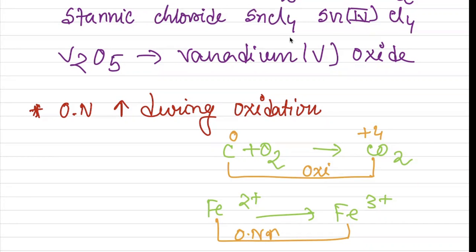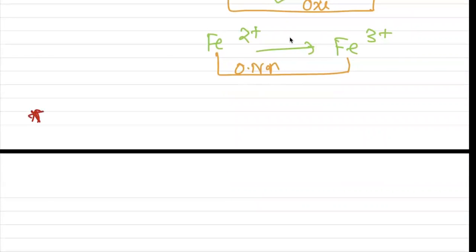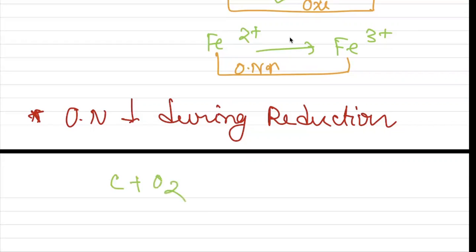And oxidation number decreases during reduction. See this reaction only: carbon plus oxygen forms carbon dioxide.